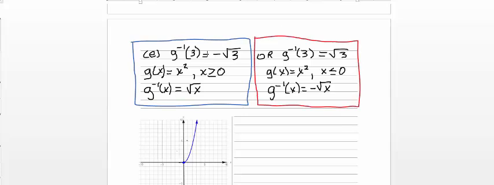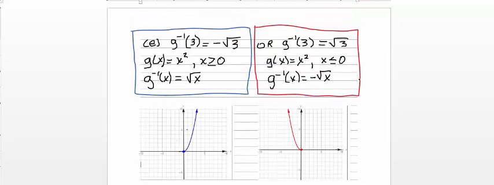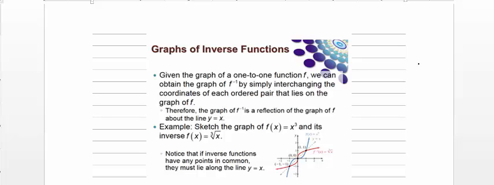Similarly, if I restrict the domain to be less than or equal to 0, I'm also dealing with a one-to-one function. I've shown the graph of each of these. And notice they are one-to-one functions if I restrict the domain. So any horizontal line will touch either of these graphs only one time if it intersects it at all. So it will intersect it at most once.